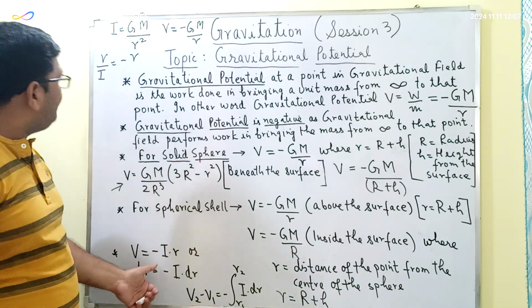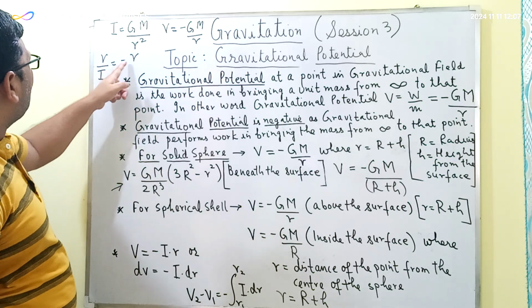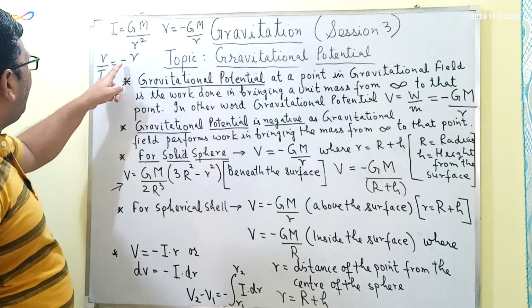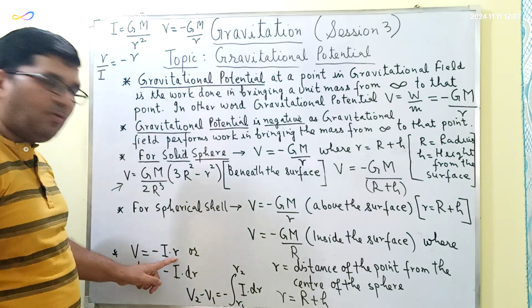That is, V is equal to minus I into r, because if V upon I is equal to minus r, then V will be equal to minus I into r.